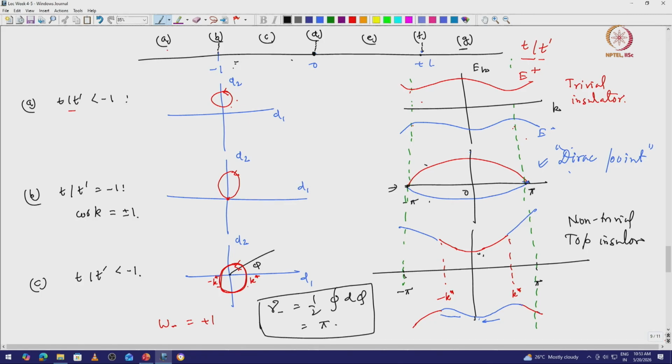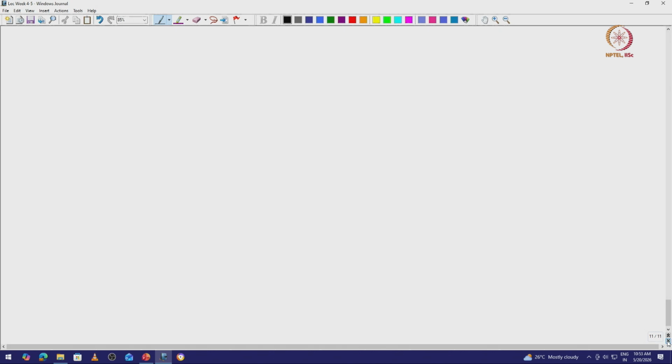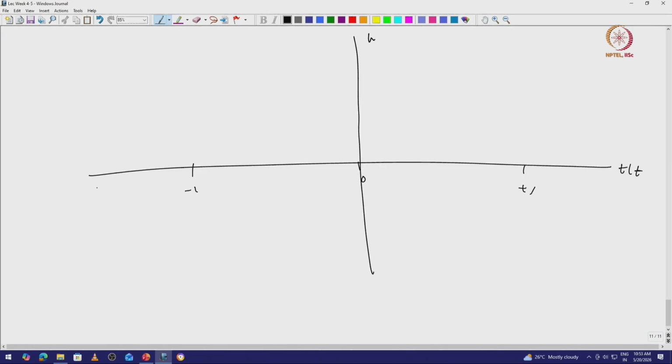So now we have found the winding number being 0, +1, -1, 0, for the negative band, for the band below the Fermi level.